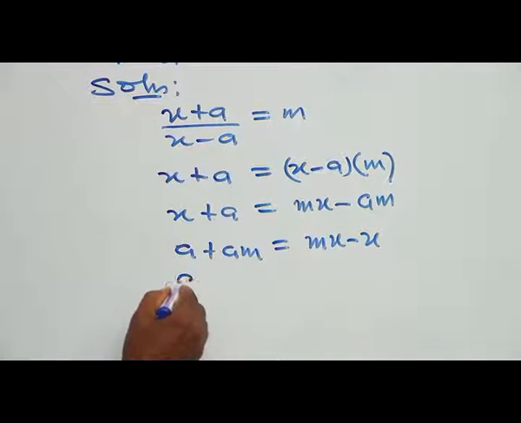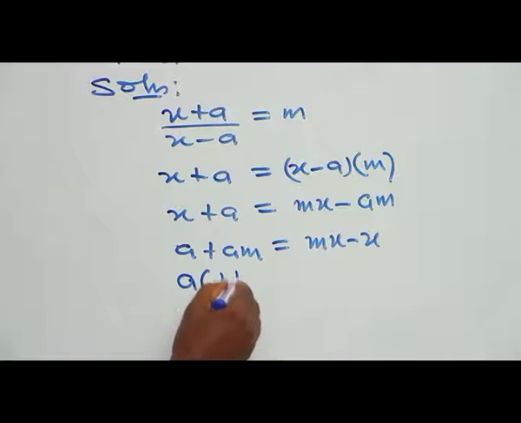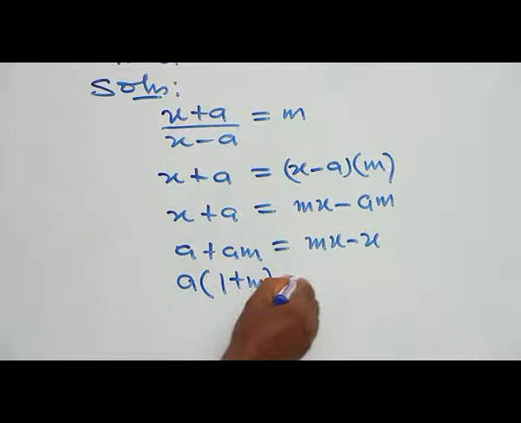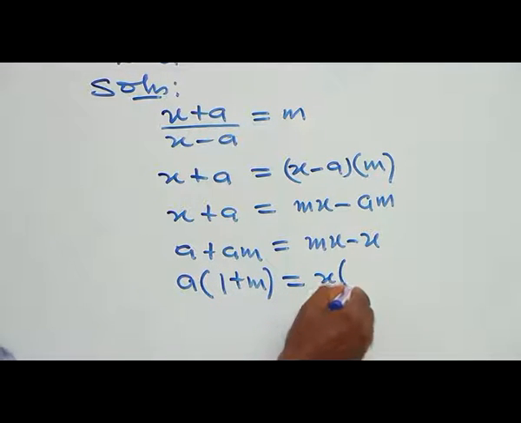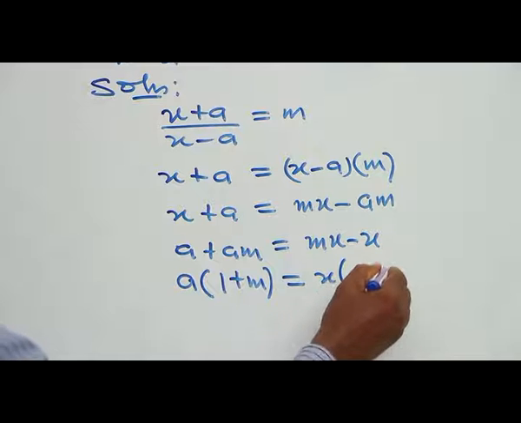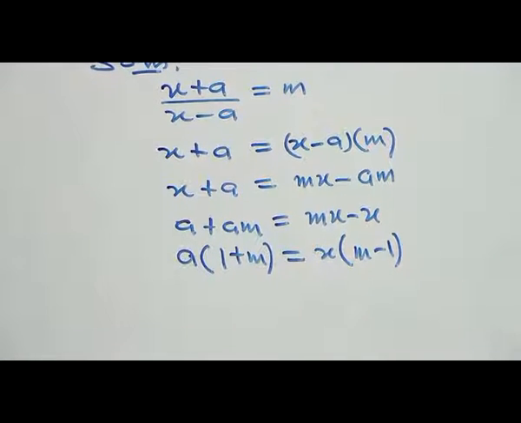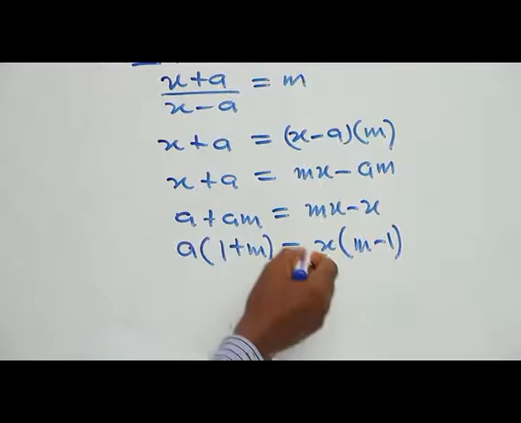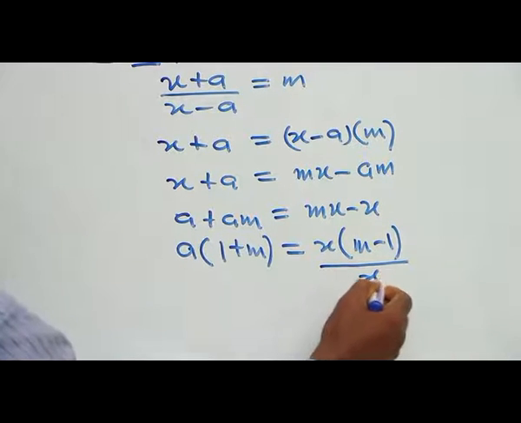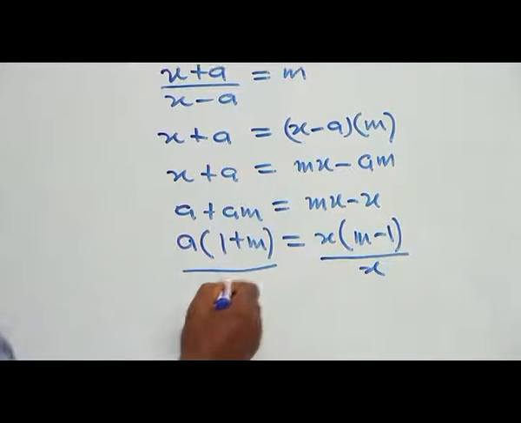Now we can factorize this as a into 1 plus n, and then we factorize this as s into n minus 1. Now we are making a over s the subject of the formula. So I will divide this side by s. I will also divide this by s.